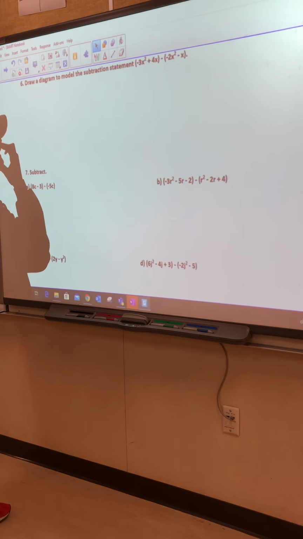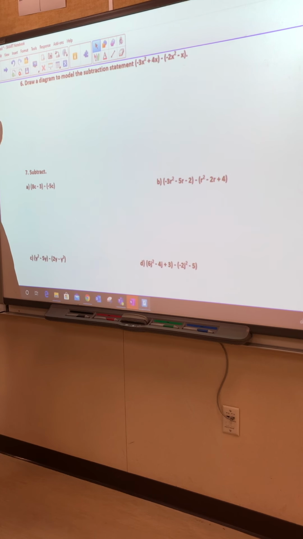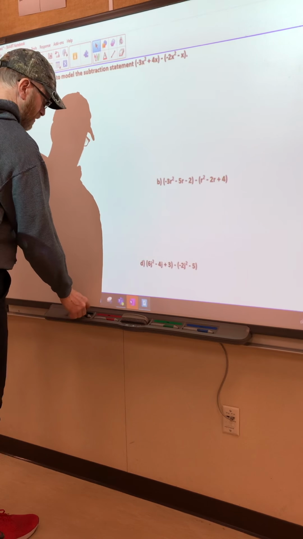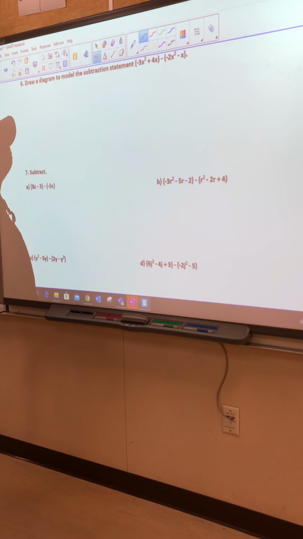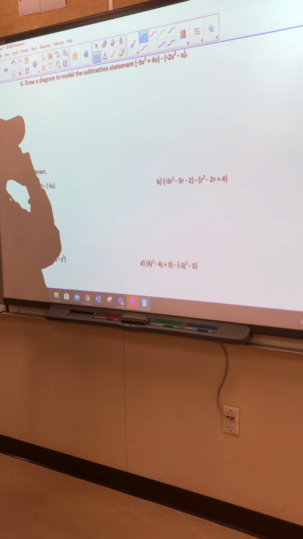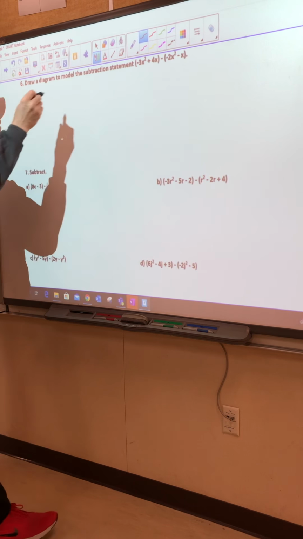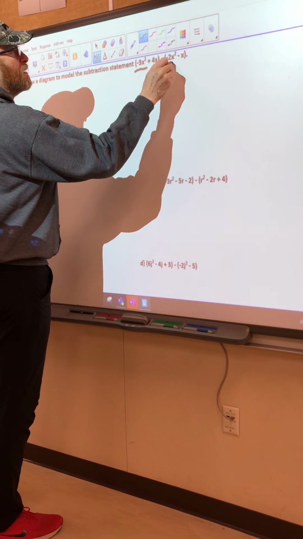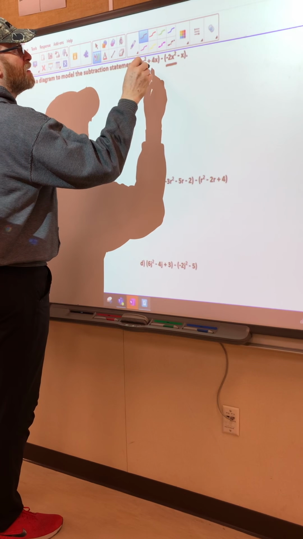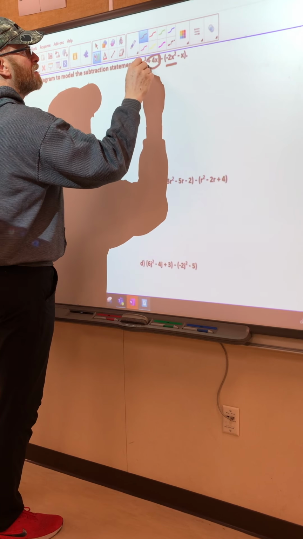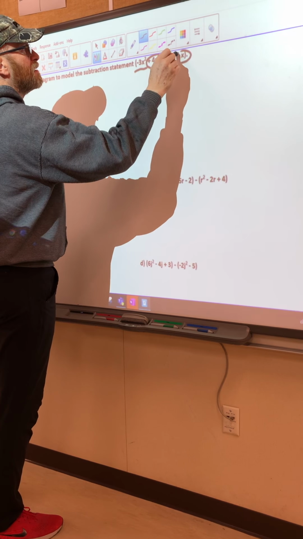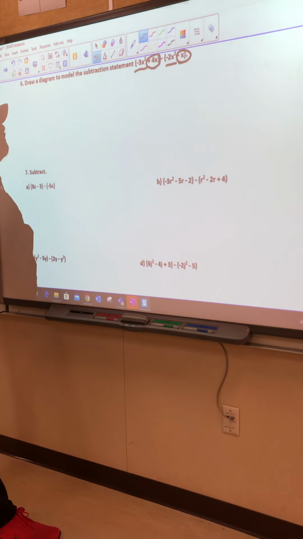Draw a diagram to model the subtraction statement. Negative 3x squared plus 4x minus negative 2x squared minus x. Okay. So we've got two sets of terms that are similar or like in mathematical language.